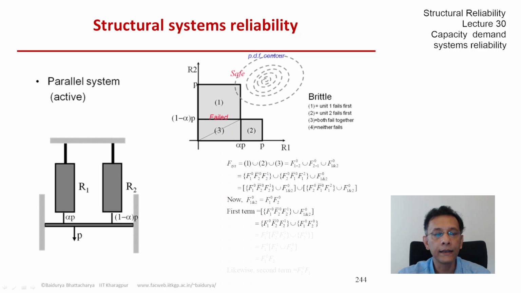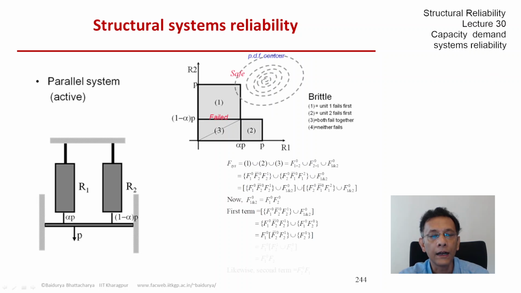And now bringing in the expression for F01 and 2, we find that F01 is the common event in the 2 sets that have the union. So we can take that common out and express that as the intersection of F01 and another 2 sets.